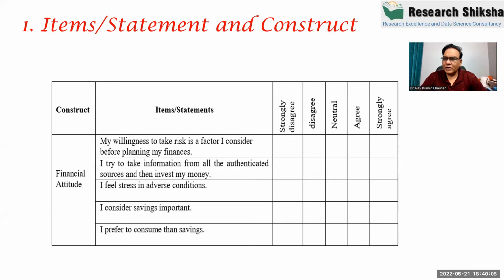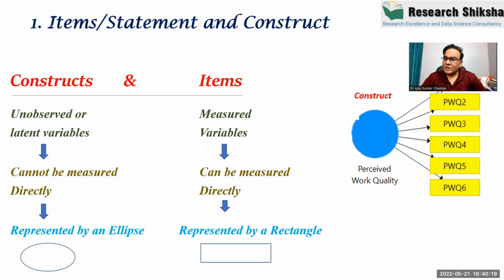Whatever comes in the title or the hypothesis or the objective, they are basically the constructs. So constructs are the broad concepts. These constructs are not measured by a single statement. They are measured by many statements, and these many statements are known as items.